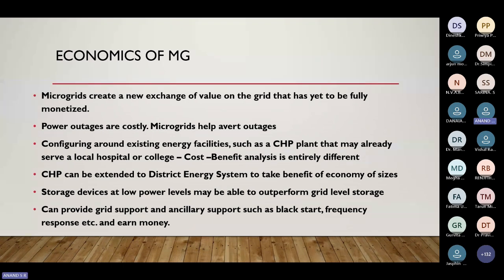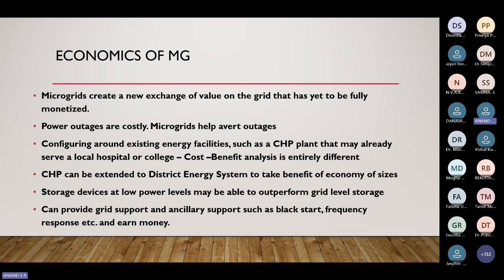And it can provide grid support and also ancillary support for the grid. What we mean by ancillary support is, if you have a failure of a transmission line somewhere in the system, or a failure of a nuclear generator, say generating 1000 megawatt, if Kudankulam 1 unit is tripping due to some reason, then there is a sudden outage of 1000 megawatt coming into the grid, and the grid requires some additional support to maintain the frequency.